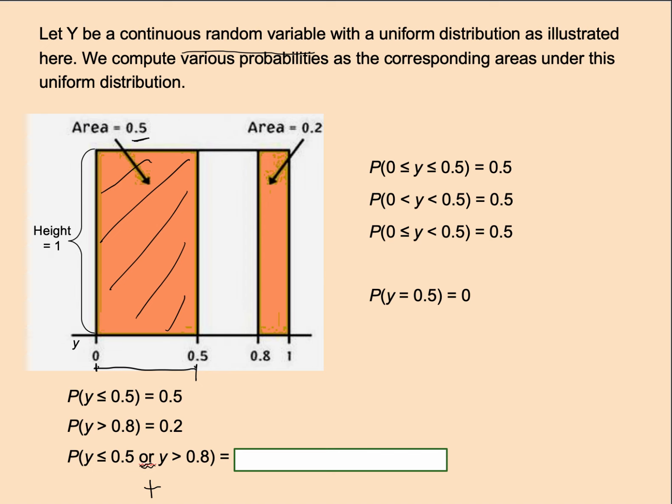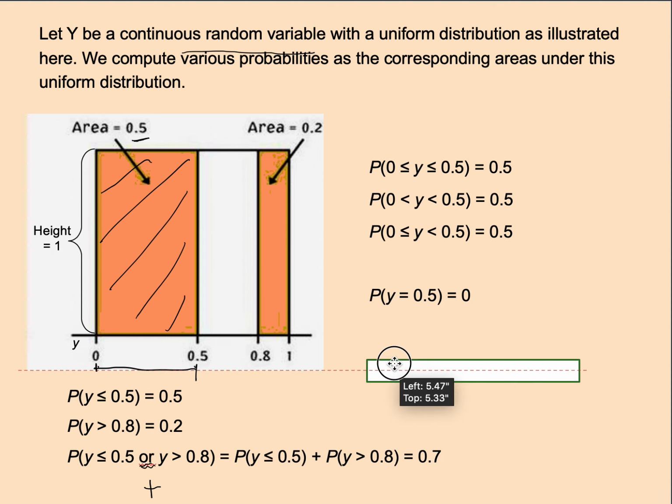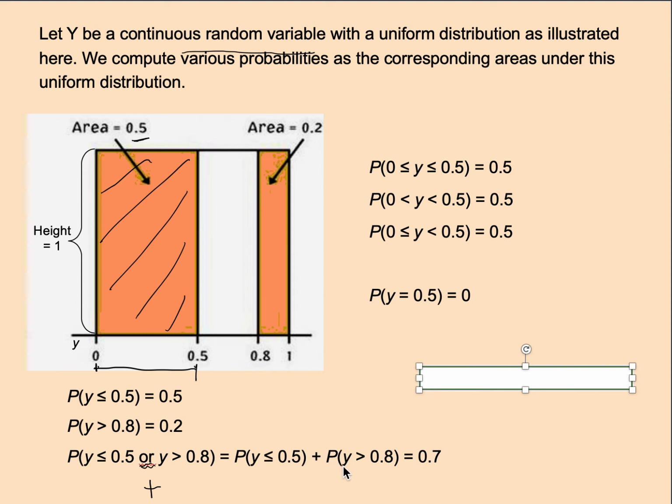So what do you think that will be? That will be the probability of y less than or equal to 0.5 plus the probability of y greater than 0.8. So this probability plus this probability, we know this is 0.5 and 0.2, right?